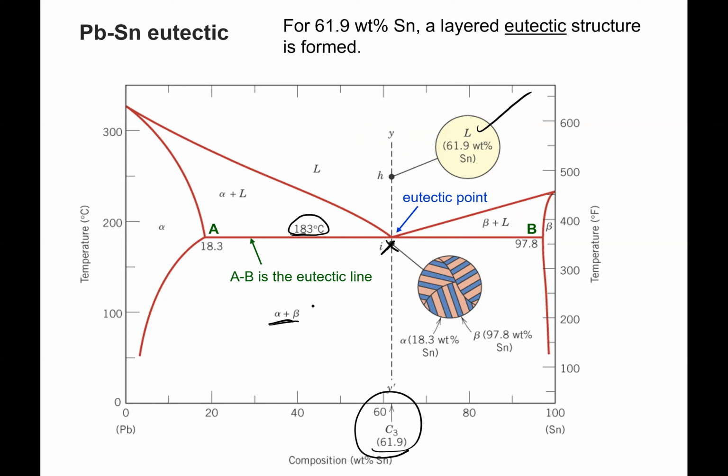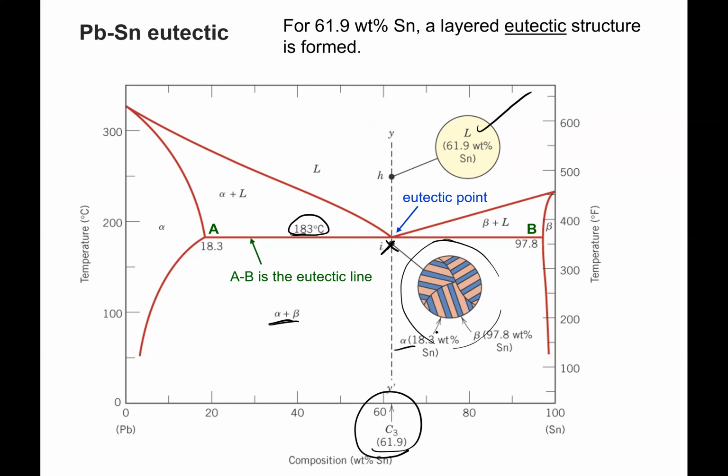So now I've got alpha and beta forming at the same time, and I have to move tin and lead into these two different phases because they have very different compositions. This creates a little bit of a problem. I'm going to just show you what you get first, and then I'll explain it. What you're going to end up with is a structure that has both alpha and beta.